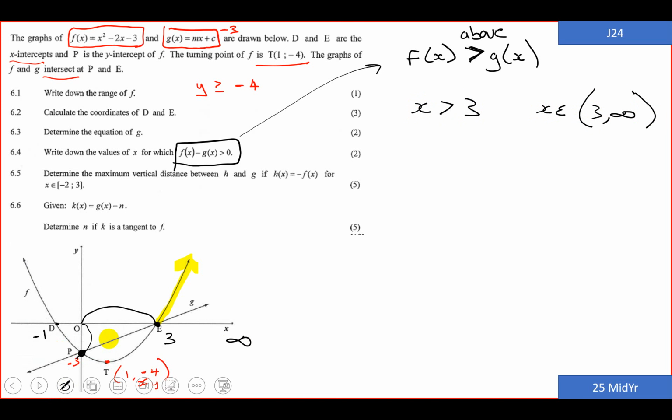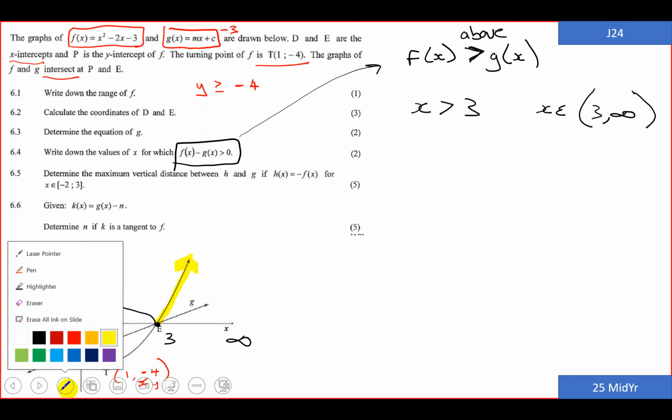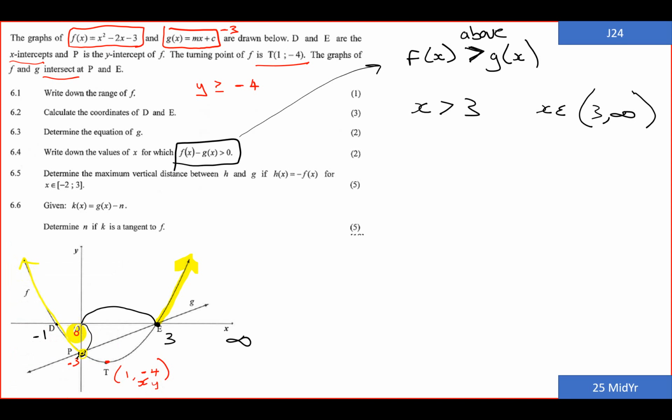So on inspection of the graph, you'll notice from the point P that f is also above. And if we're looking at the answer from the point P, remember, don't get caught out with minus 3. We want the x value. So the x value there at P is actually 0.